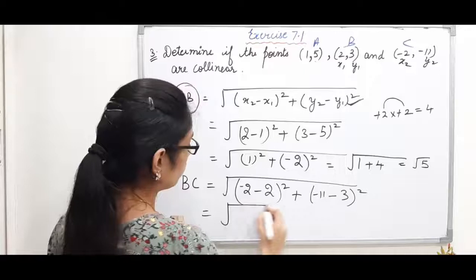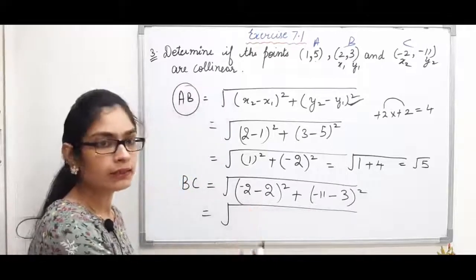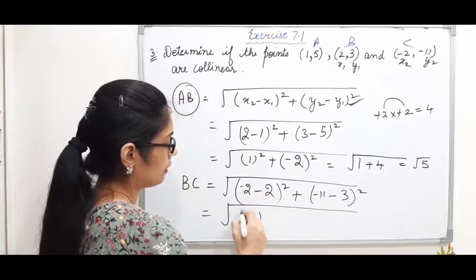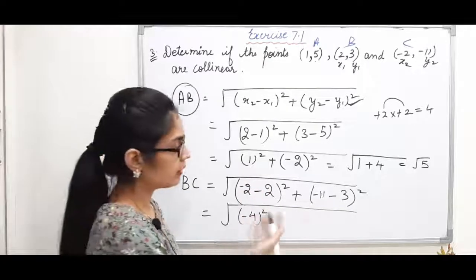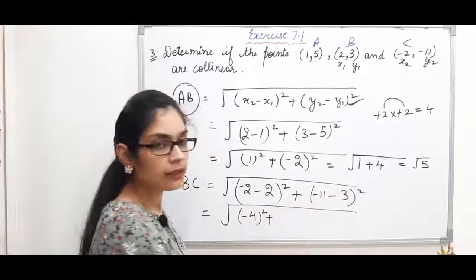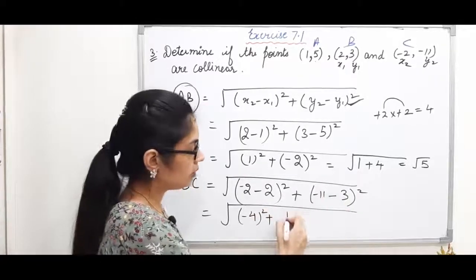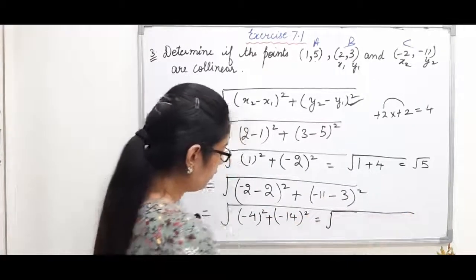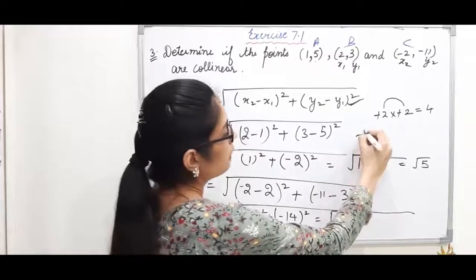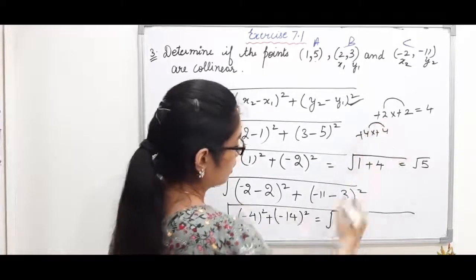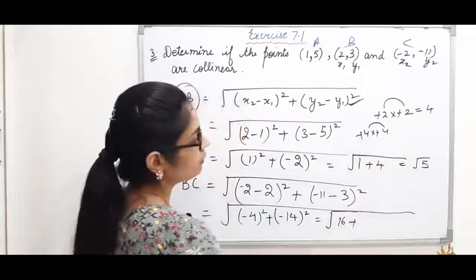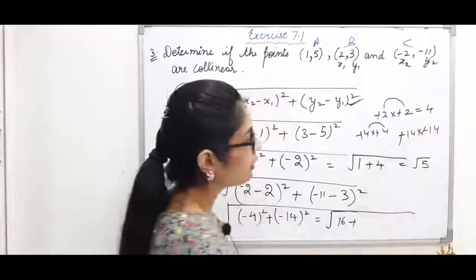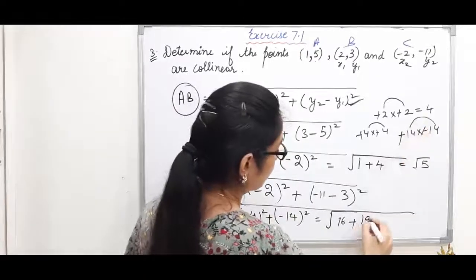Now let's solve it out. Minus and minus is plus. Minus 2 minus 2 is minus 4, with a minus sign. Here also minus and minus is plus, so 11 plus 3 is 14, with a minus sign. So we will square. Now 4 square means minus 4 into minus 4, which is 16, plus 14 square, which means minus 14 into minus 14; the minus signs get cancelled, so I am left with 196.